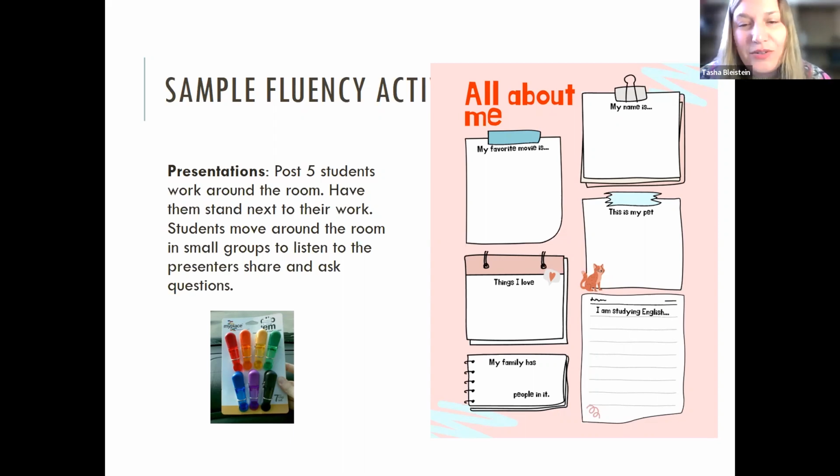So if you had a group of 6 or 7 students, you could have 3 of them put their homework up, or something that they've done in class, and then they present. So the others come around and they talk. So this just encourages the presenter to do more talking, and it's fun. It's the same thing they might do sitting next to each other, but if you have a group, you make a couple of them the presenter and they share their homework.